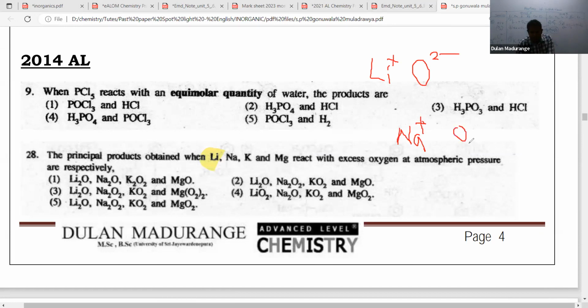Peroxide means not O2 minus, O2 2 minus. This is exchange current, right? This 2 comes here, this 1 goes there. That is sodium peroxide. Potassium goes even further, reactivity is higher, so the major product of potassium is potassium superoxide. Superoxide means O2 minus. Look at that. Right. So then what is the answer?